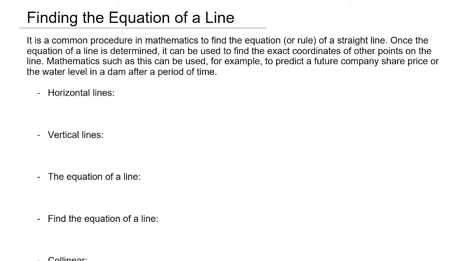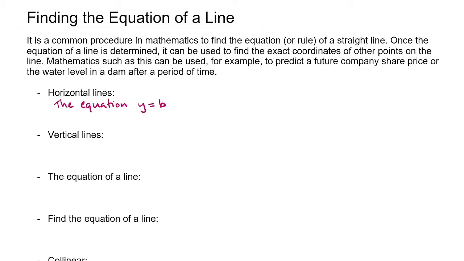For example, horizontal lines. Horizontal lines have the equation y equals b. This is because it only has a y-intercept. It doesn't have a slope because it is horizontal.